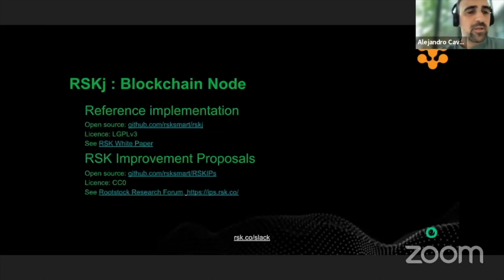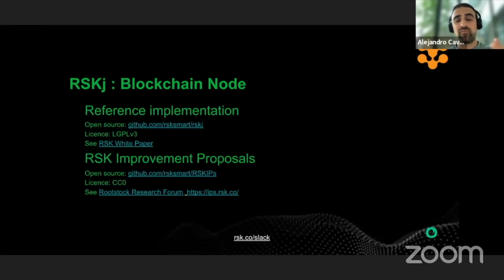First, to start, the RSK blockchain node is named RSKj. Why? Because it was originally a fork of EthereumJ, the implementation of the Ethereum node in Java.